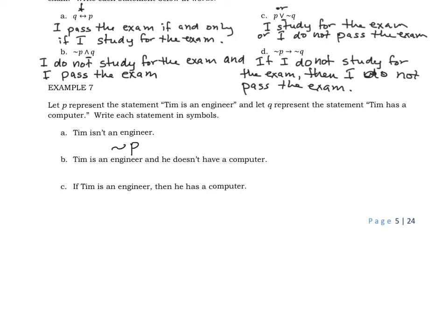Tim is an engineer, so that was P. And, well, we need our conjunction symbol. He doesn't have a computer. Having a computer is Q, and doesn't have, that's a negation of Q. If Tim is an engineer, then he has a computer. That is a conditional, so we're going to have P implies Q.